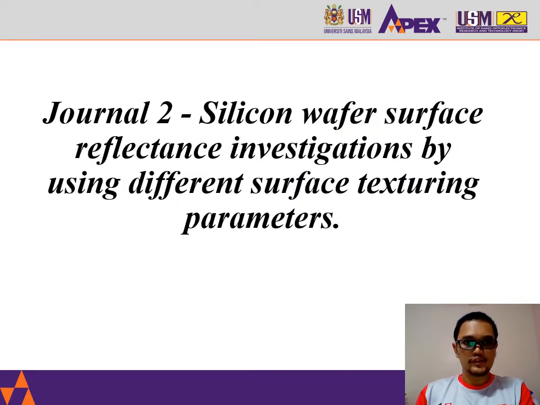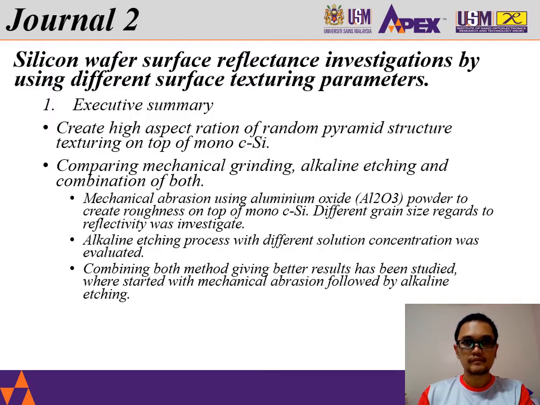Okay, on to the next journal, titled "A silicon wafer surface reflectance investigation by using different surface texture parameters." What I found, as a summary, is that it creates a high aspect ratio random pyramid structure texturing on top of monocrystalline silicon, and it compares mechanical grinding, alkaline etching, and a combination of both methods.